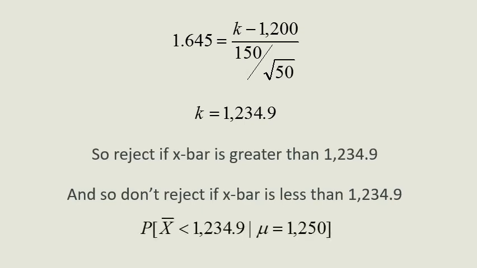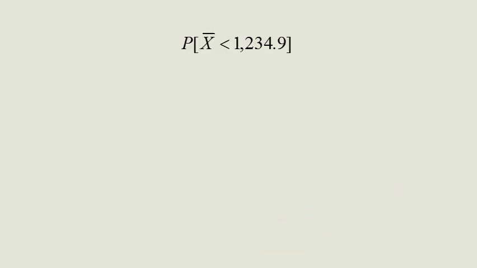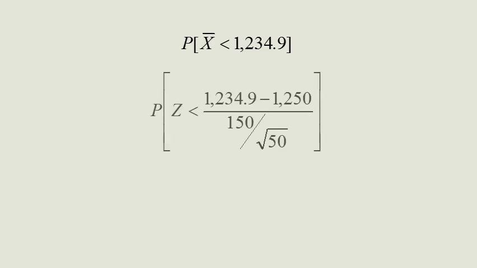So the probability of type 2 error is the probability that x bar is below the critical value. But now we're going to use the mean given in the what if statement in the question. That's the other part of type 2 error, assuming that the null hypothesis is not true. So when we create z by subtracting the mean, we're going to use the number from the what if statement.